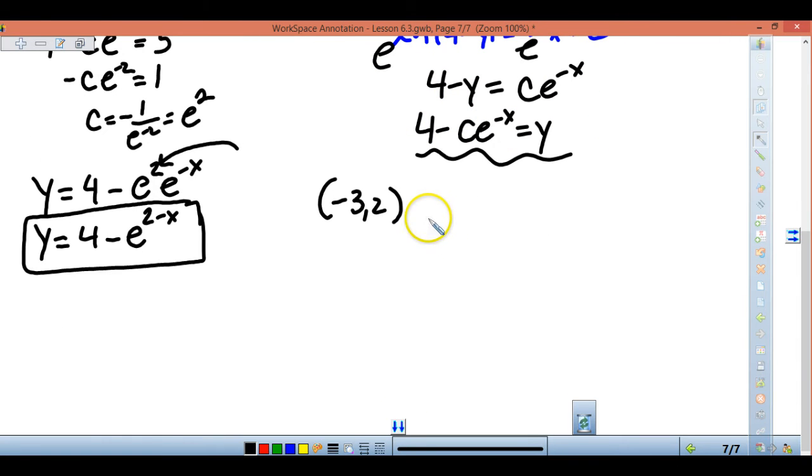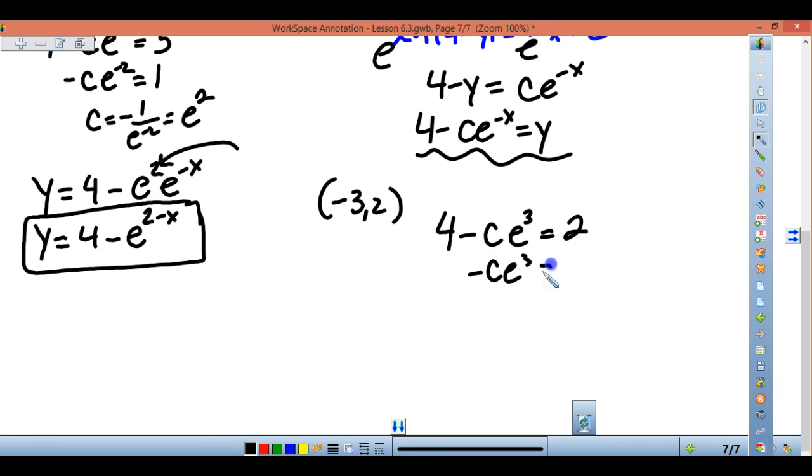So I'm going to go ahead and plug in the opposite of my x, which would be a positive 3, is equal to 2. So I subtract over the 4, so I end up with negative 2. So c would equal 2 divided by e cubed.